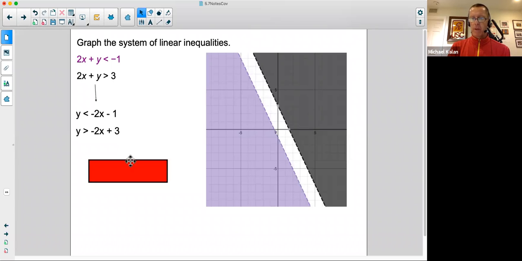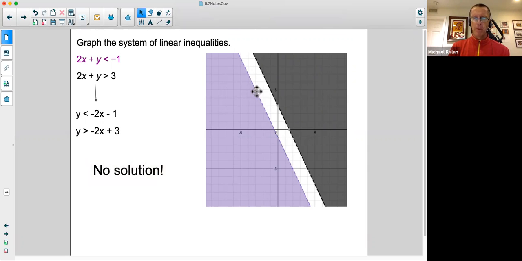Same slope, different intercepts, but we're shading away in each of them, right? The less than was the purple one here, right? The black was the greater than one, right? So shading up for the greater than, shading down for the less than, they don't intersect at all. So this would have been no solution.